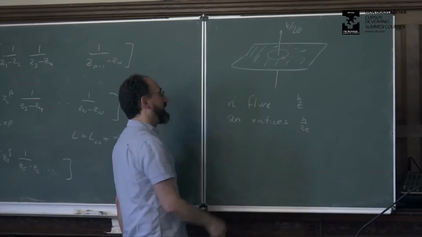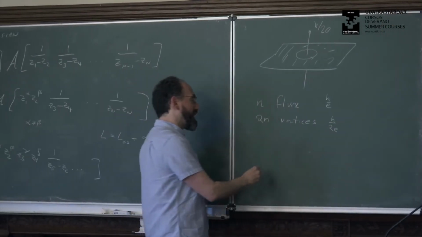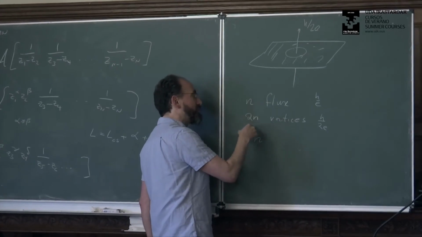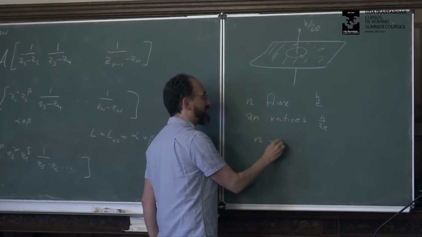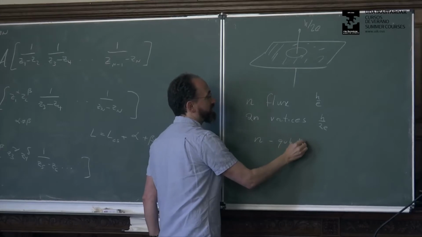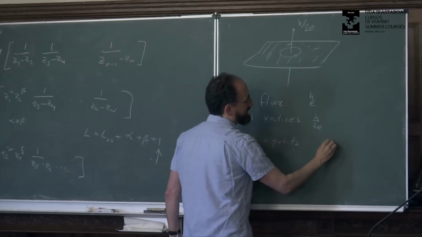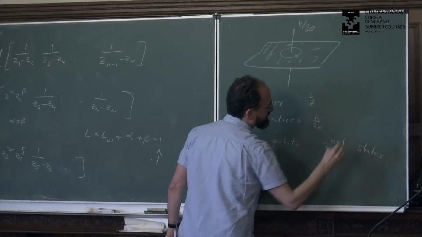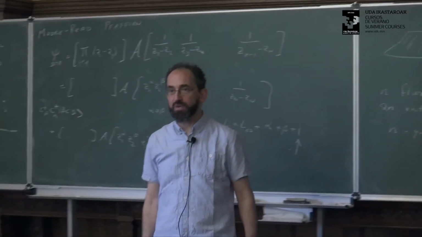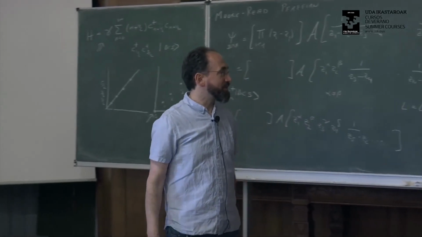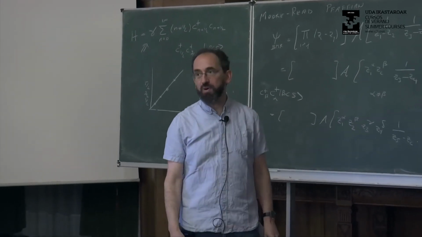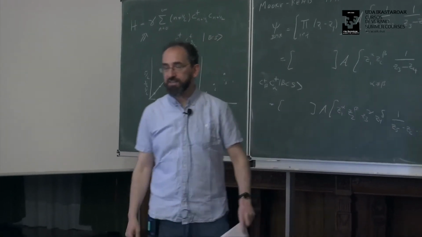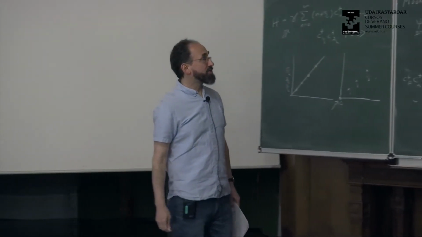And then for each two vortices, you have 1 qubit, so this should give us n qubits, or 2^n states. But it's actually 2^(n-1) states because there's an overall parity conservation that gets rid of half of them. Okay? So we should be able to see 2^(n-1) absolutely degenerate states. Okay?